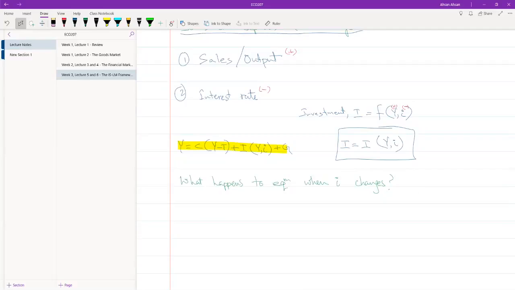And remember, we have not covered this in chapter 3 because in chapter 3 there was no interest rate. Investment was fixed. But now we have introduced a new variable in our model, that is i right here. And as a result, we want to figure out what effect this will have on the equilibrium.